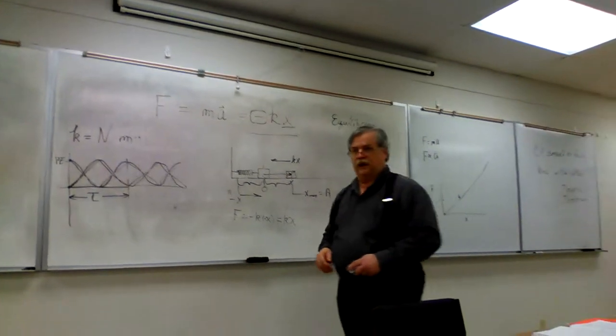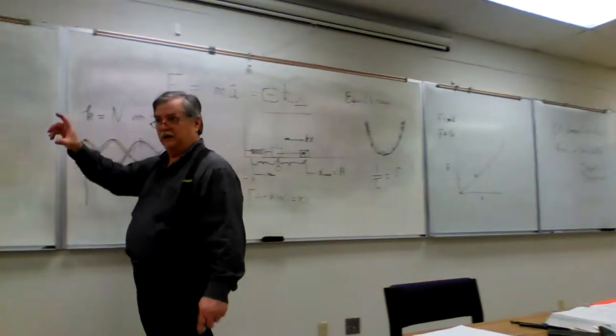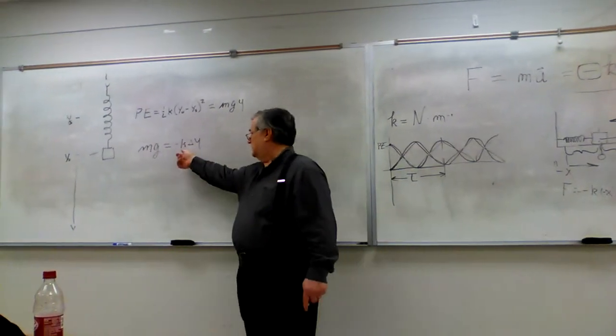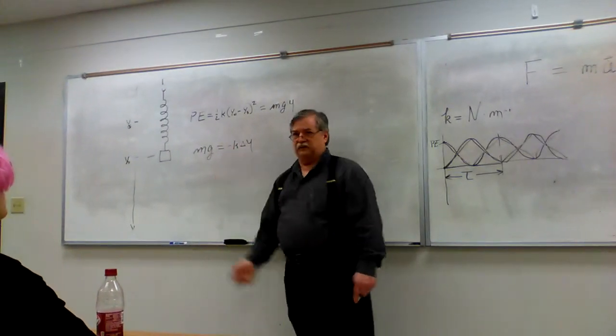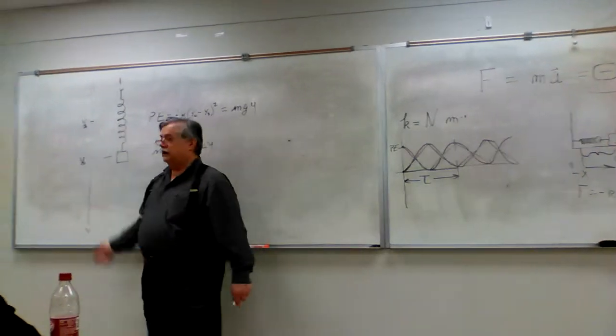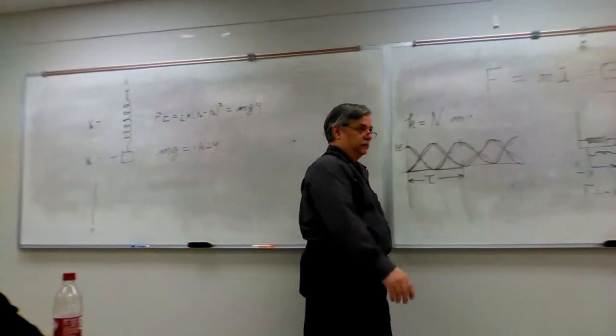Mass times gravity is the force that's being exerted by gravity. And minus the spring constant times the displacement from its relaxed position is the force exerted by the spring.